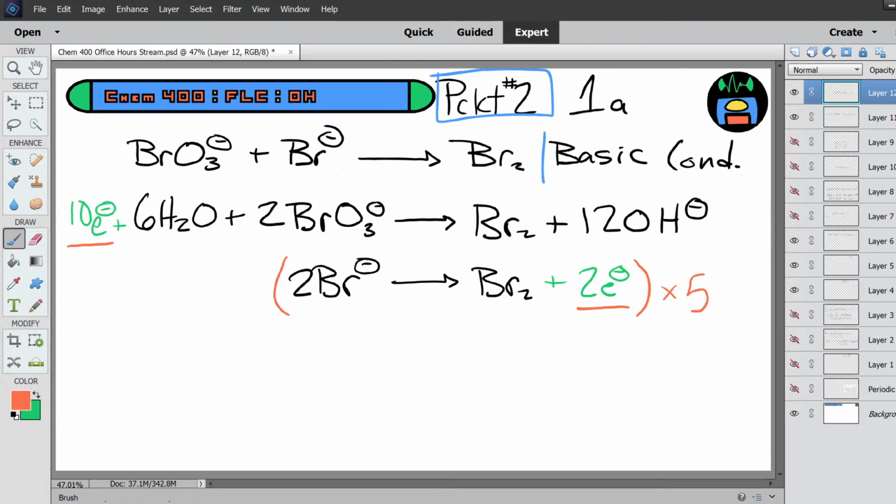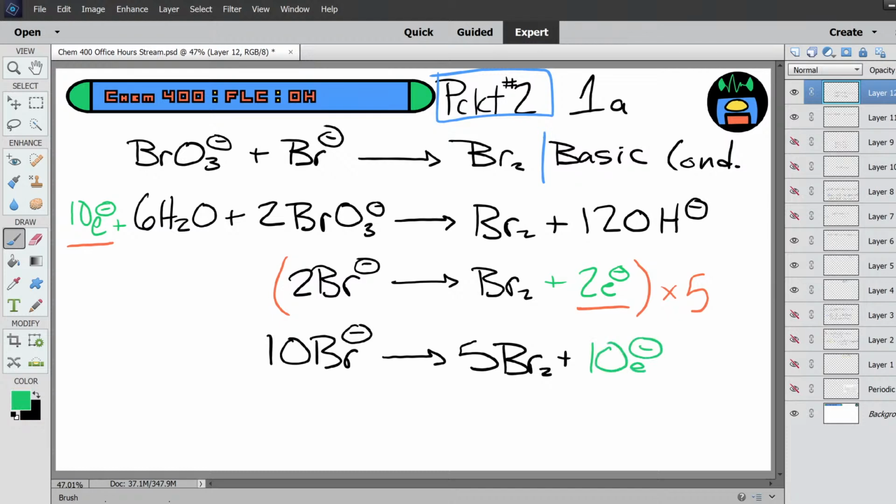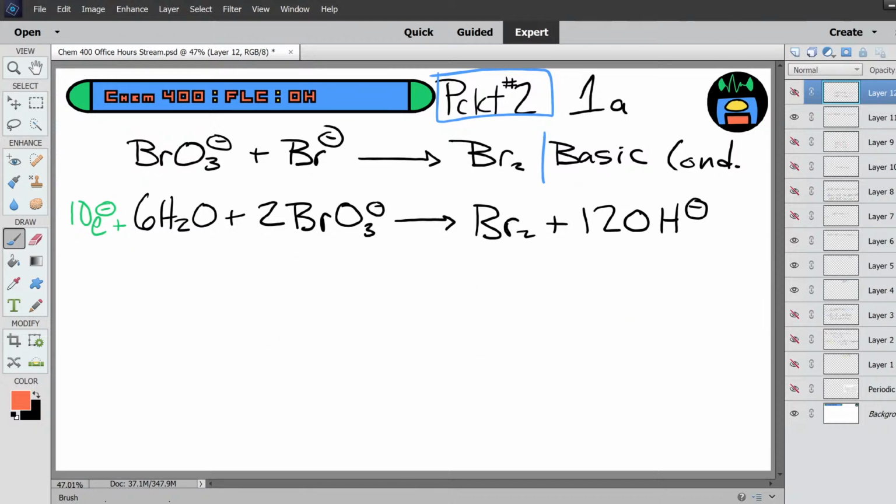That way we get 10 bromide ions producing 5 bromine molecules plus 10 electrons. All right, and now that the number of electrons are equal in each half reaction, we're ready to recombine these and get our new balanced chemical equation.